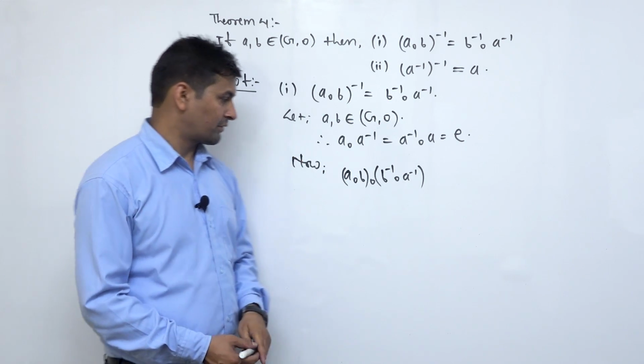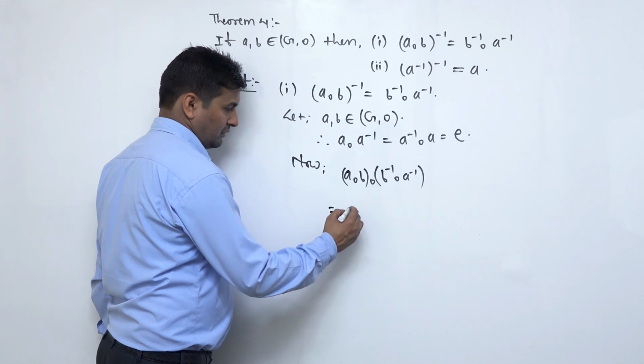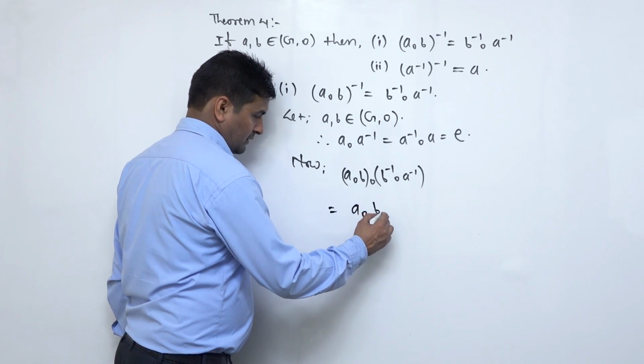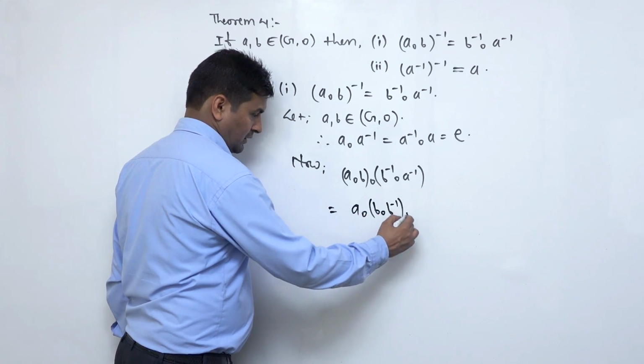We need to start from this: equals (a ∘ b) ∘ (b inverse ∘ a inverse).